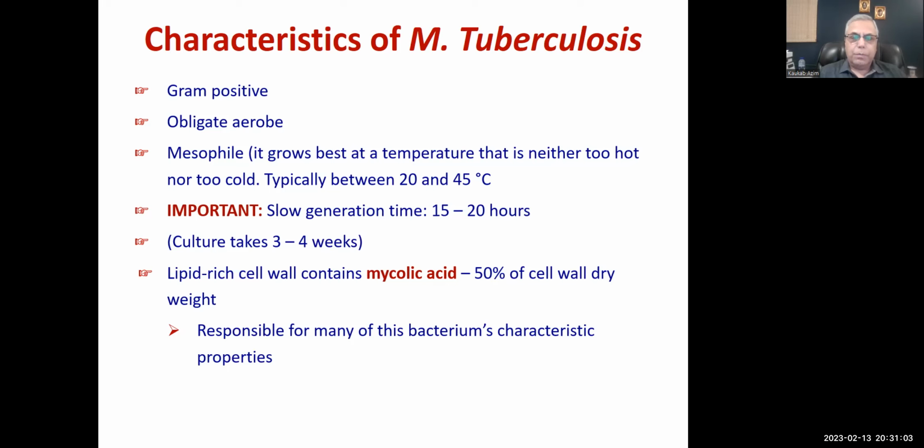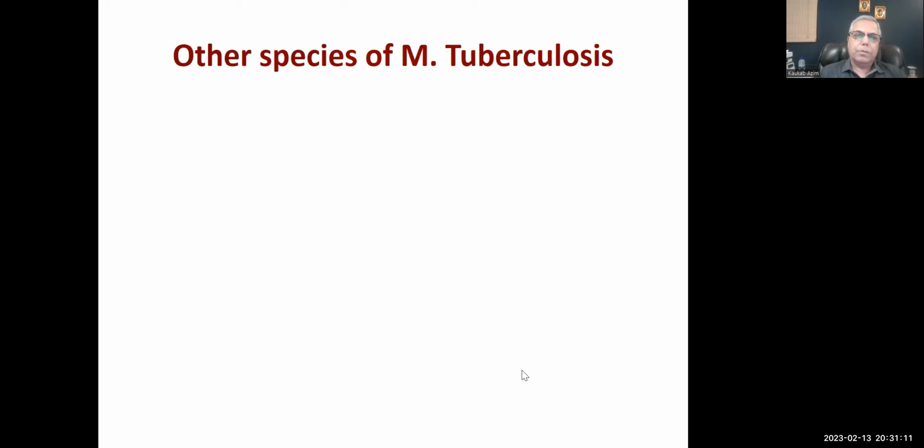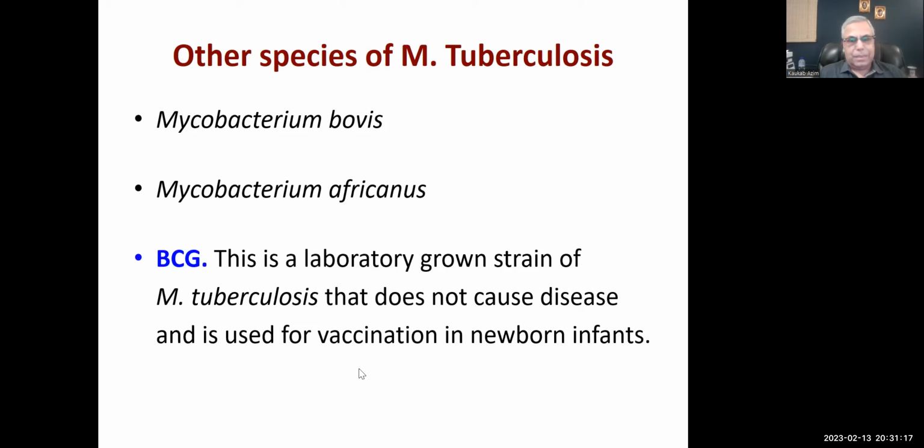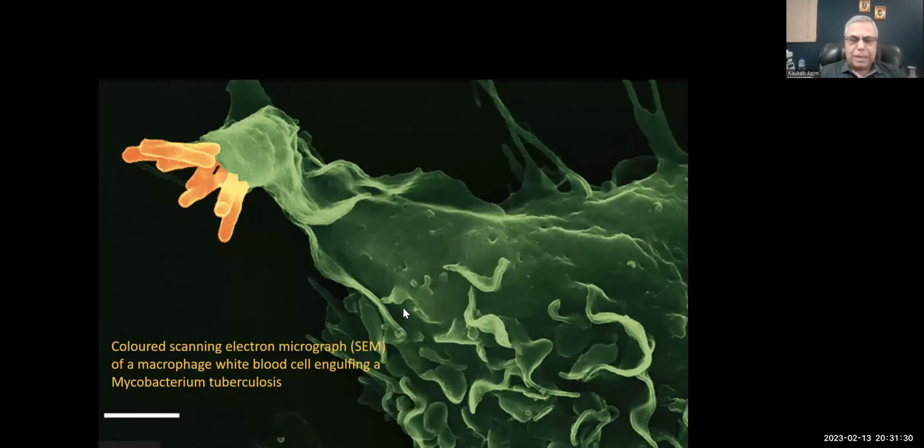It is responsible for many of the bacterium's characteristic properties, one of which is acid fastness, okay? Right. So there are some other species, Mycobacterium bovis, Mycobacterium africanum, and BCG is a laboratory-grown strain of Mycobacterium that does not cause disease. This is used for vaccinations in the newborn, okay? So this is just a colored electron micrograph.